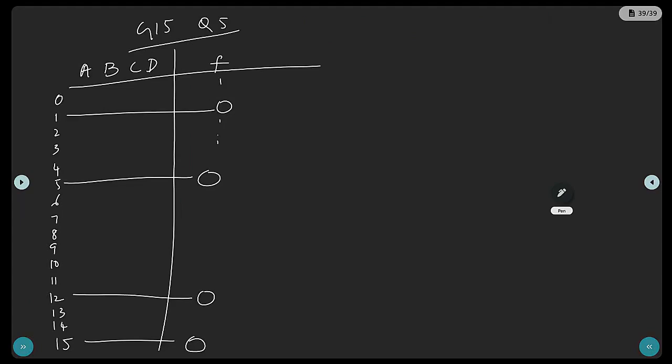This is given in the question. So now they say that these are the select lines A, B, C. So 0 0 0, maybe I will use different color.